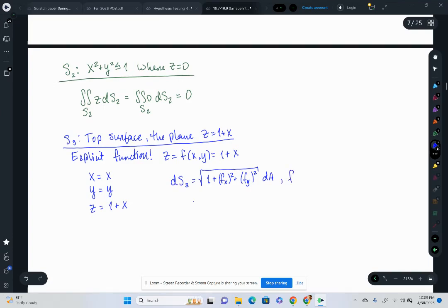Right, so let's go ahead and calculate those. F sub x is going to equal 1. There is no y in there, so f sub y is 0. And that makes this even nicer. So I plug everything in. I get the square root of 1 plus 1 squared plus 0 squared dA, which is just the square root of 2 dA. So this is our differential.